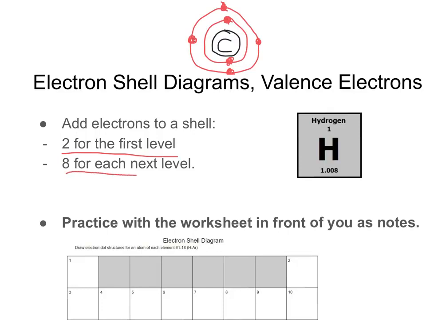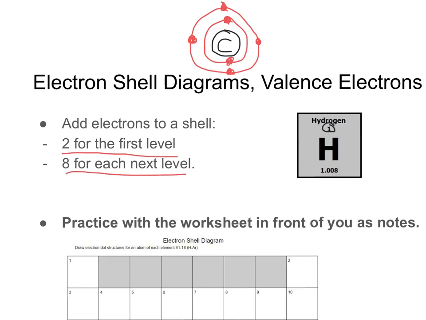This is where we're going with this. To show how we do this, the first thing I look for, if I'm going to do this for hydrogen, which I have right here, is the atomic number of this element. The atomic number is going to tell me how many electrons this element has. Remember, the atomic number is actually how many protons an atom of this element has.